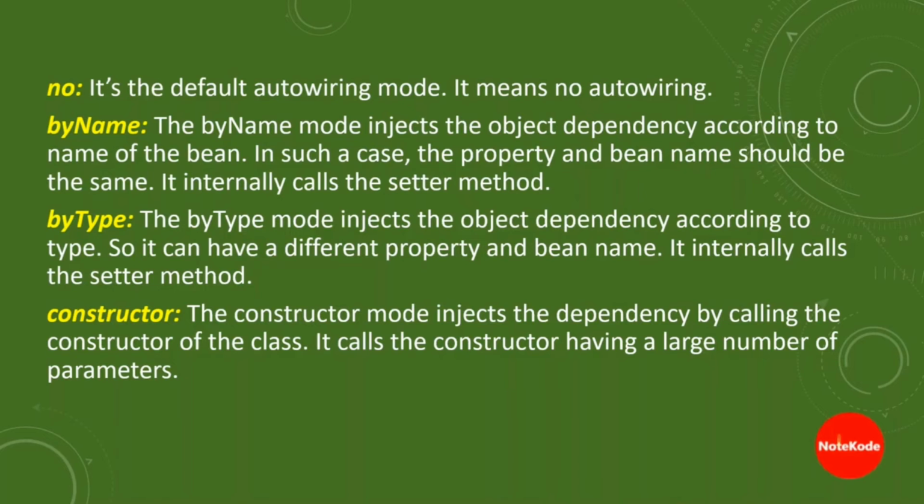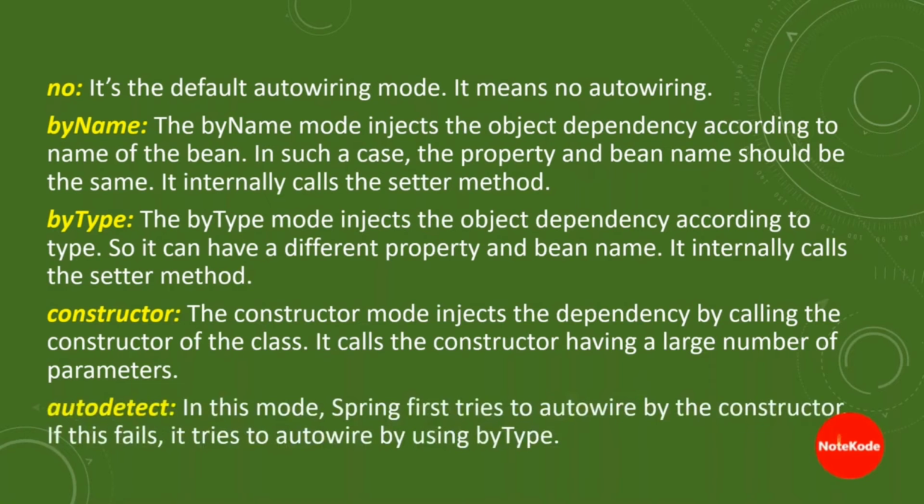It calls the constructor having a large number of parameters. Auto detect. In this mode, Spring first tries to auto-wire by the constructor. If this fails, it tries to auto-wire by using by type. So, this is all about the auto-wiring concept in Spring Framework.